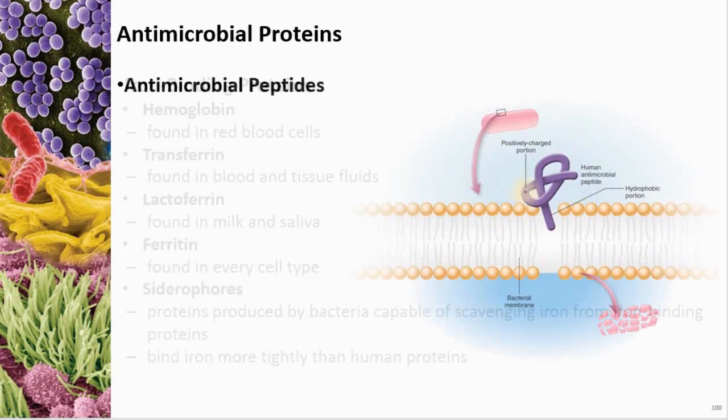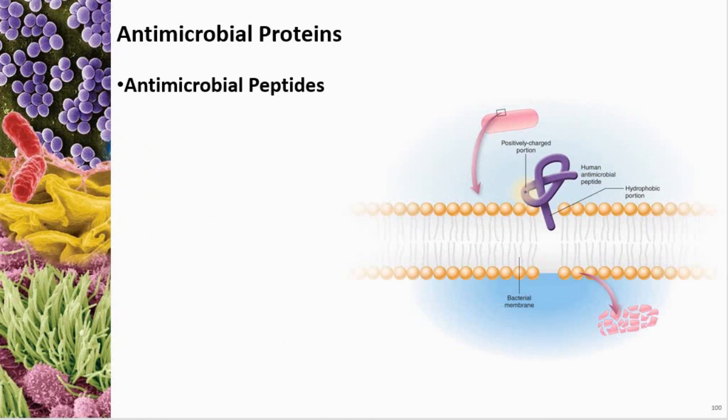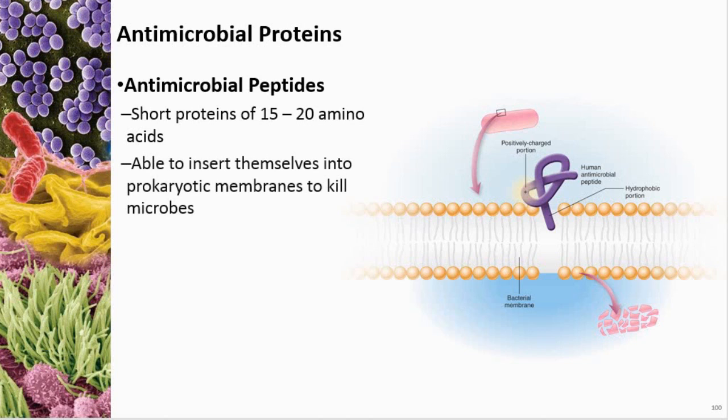Another type of antimicrobial proteins are called antimicrobial peptides. So these are short proteins, 15 to 20 amino acids long, and these things can insert themselves into the membrane of prokaryotes, bacteria, and actually kill them. So examples of these are defensins, which are in your skin, magainins, and protegrins.